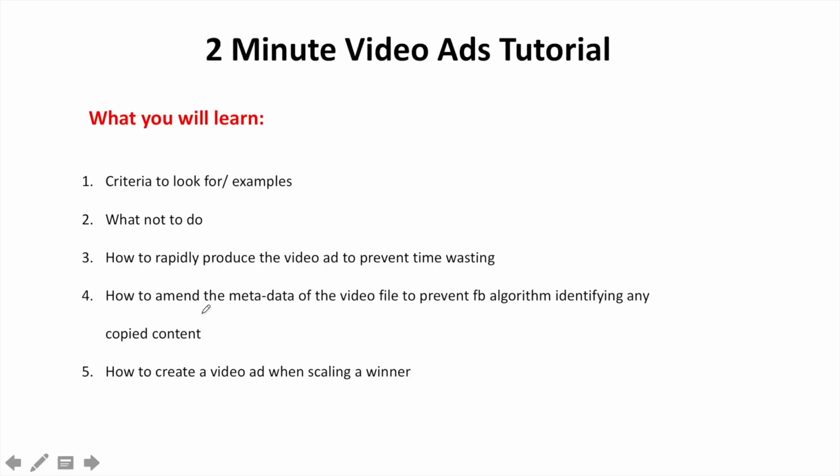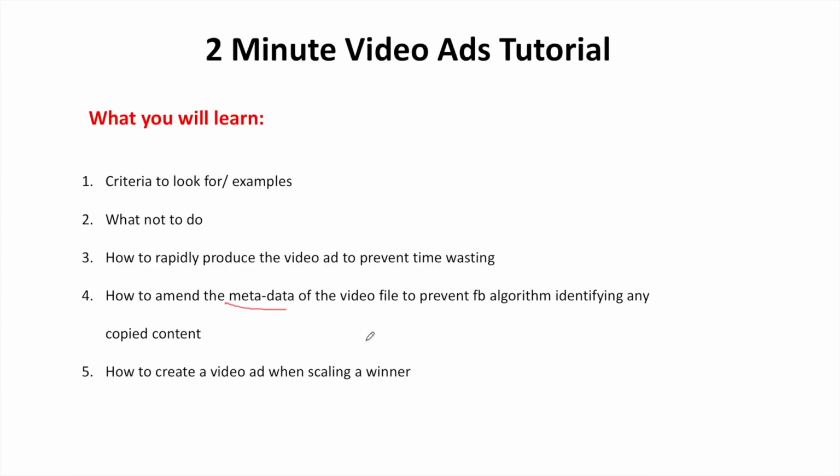I'm going to show you how to amend the metadata of the video file to prevent Facebook's algorithm from identifying any copied content. I know a lot of people who see a good video ad on Facebook or YouTube, download the ad, re-upload it to their Facebook page, and just launch that ad. But the only problem with this is that Facebook's algorithm is getting really smart now.